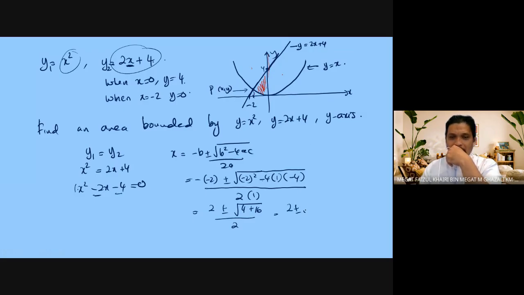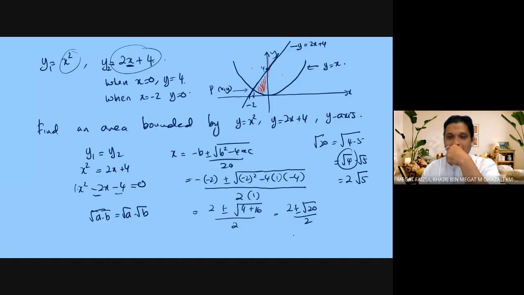2 plus minus square root of 20 divided by 2. Square root of 20 equals square root of 4 times 5. From the rule that square root of a times b equals square root of a multiplied with square root of b, 20 equals square root of 4 times 5, which is square root of 4 times square root of 5, where square root of 4 equals 2, so 2 times square root of 5.